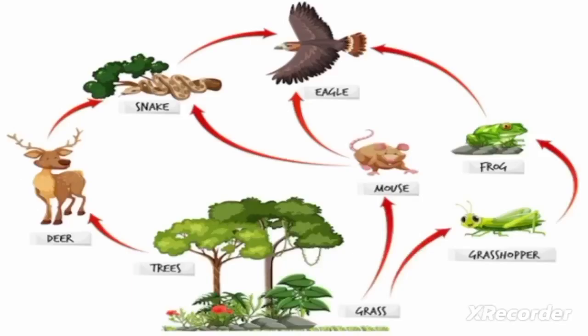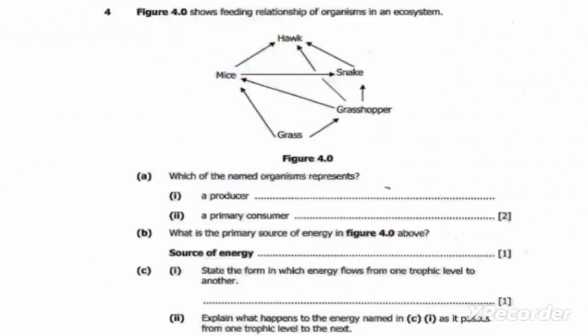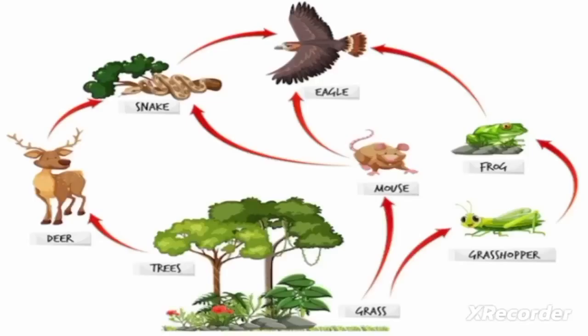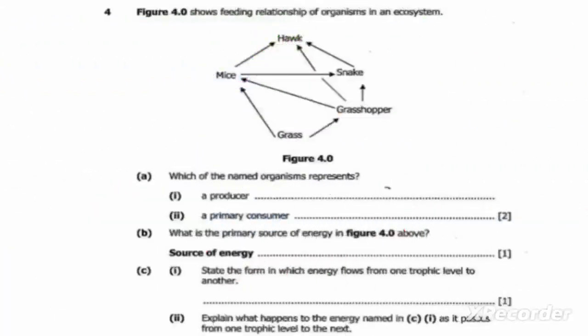So in this case, the producer is the plant. The producer is the plant. So the grass here is the producer.